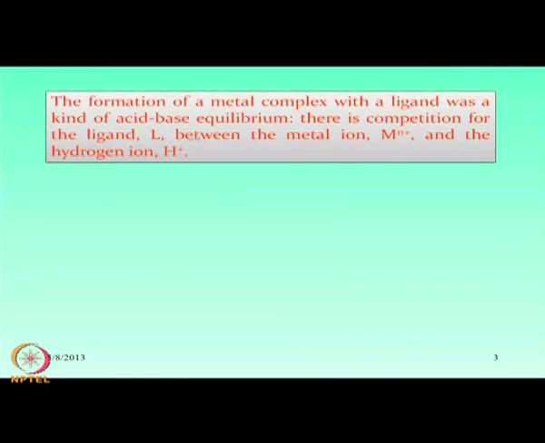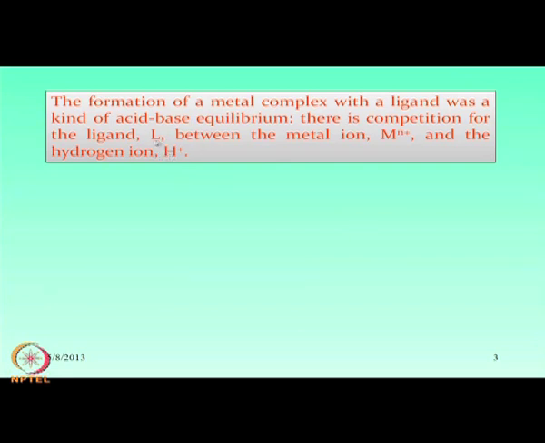In that particular case, the formation of a complex with a ligand can be considered as a typical acid-base equilibrium, and there is a competition for the ligand L between the metal ion M^n+ and the hydrogen ion. Because we know that the metal ion is a cation and the hydrogen ion is also a cationic species.